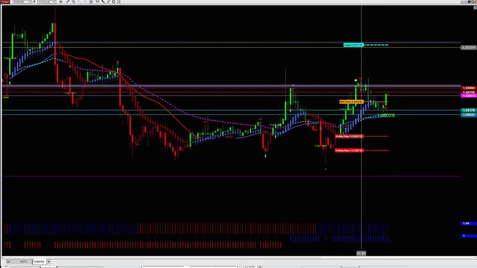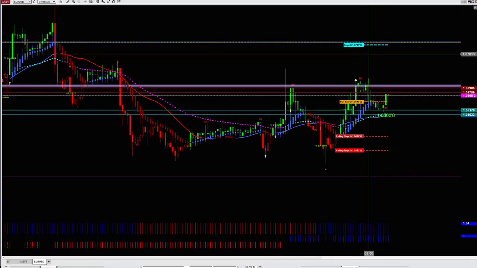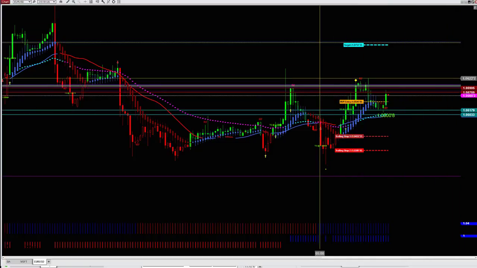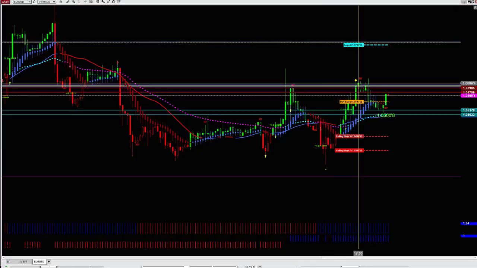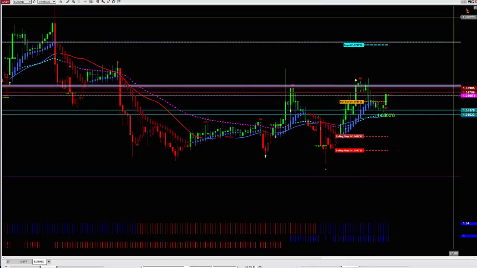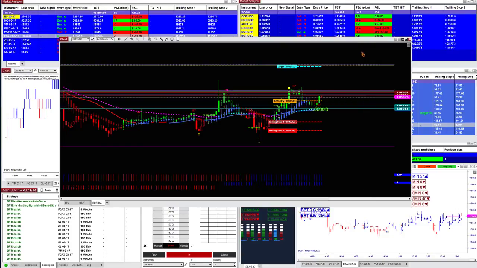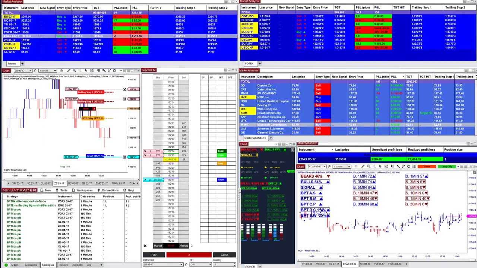But we're looking at 31.3. This is very interesting to watch on the euro dollar, and you can use a mini forex. I don't want to get into it, but this is very interesting to see tomorrow on the euro dollar.